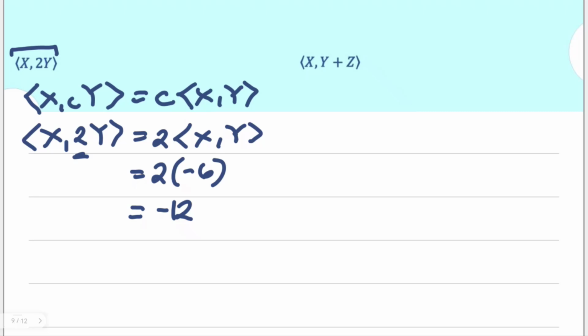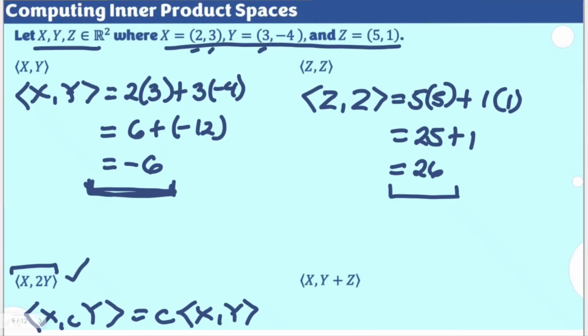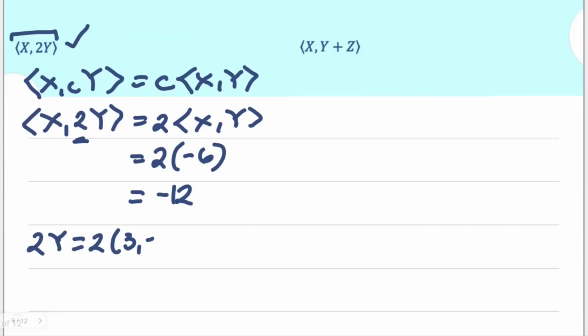See, it's even shorter. But of course, if you would like to see the same answer using the actual process, you could have here 2y. If you're not comfortable with this property, your y is again 3 and negative 4. So 2 times 3 and 2 times negative 4, you will have here 6 and negative 8, right?